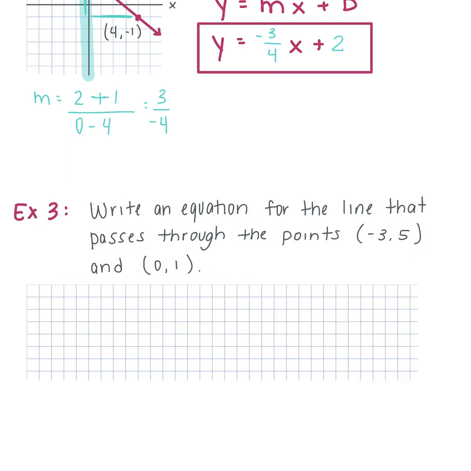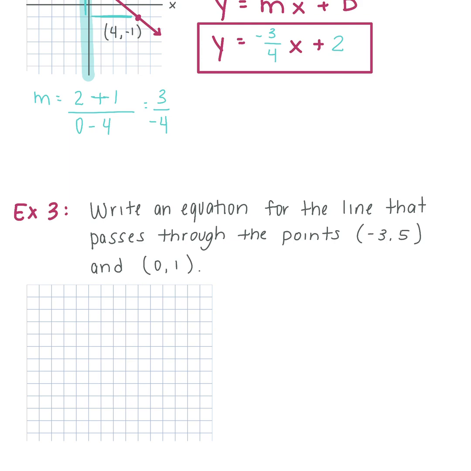And I like to draw myself a picture of it so that I can get a better idea of what's going on. So I go in, I draw my x-axis, I draw my y-axis, and then I'm going to plot my points. So if I'm going to plot negative 3, 5, that means I'm going to go left 3 and up 5.